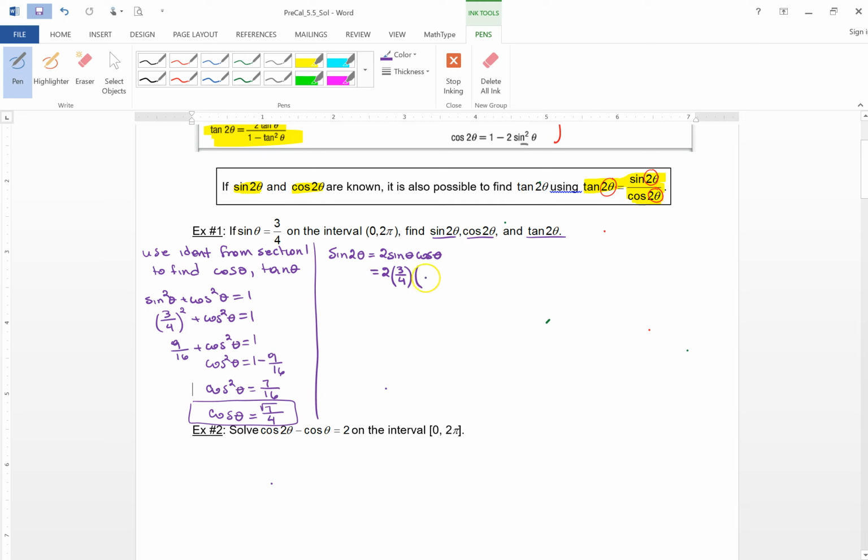Cosine theta is root 7 over 4. This is 2 times 3 is 6, root 7 over 16. Then we have to simplify the 6 and the 16. How can we simplify? By 2, you get 3 root 7 over 8. So that's your sine of 2 theta.